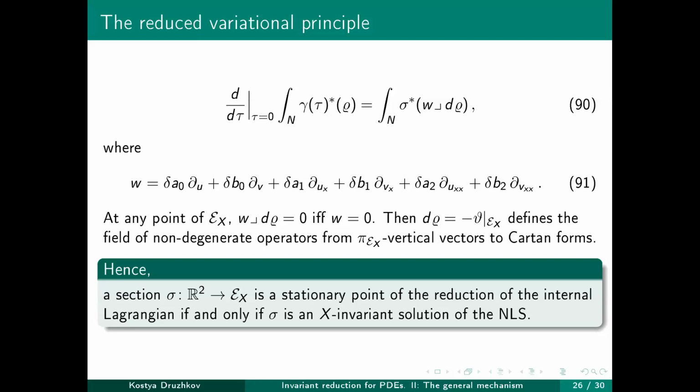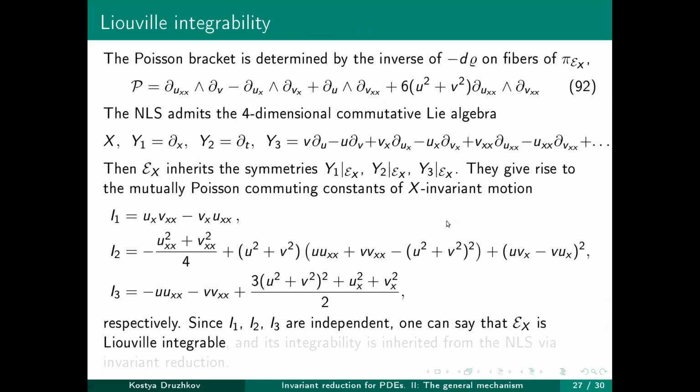So in this case, the presymplectic structure was non-degenerate, and the variational principle works perfectly in this case, right? We can see it. In terms of Liouville integrability, we can consider minus d rho, or d rho itself. Let's take minus d rho as the presymplectic structure, and we can invert it and get the corresponding Poisson bivector, which maps differentials of constants of invariant motion to symmetries, right?